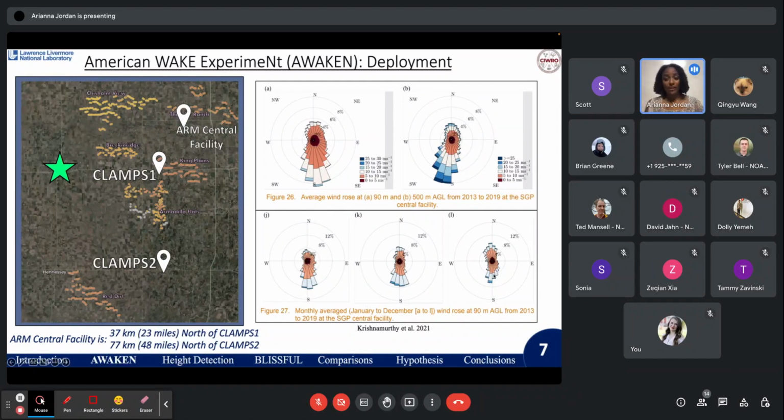They show pretty similar results, except for December, which has a little more northerly wind flow. So that'll be something to consider in case we do get northerlies. Then we can also get an influence from Armadillo Flats. That's something to consider, but overall, we're pretty happy with the deployment spots.